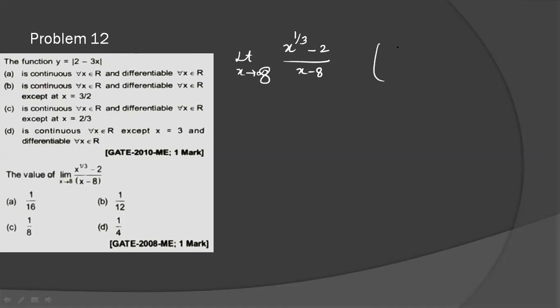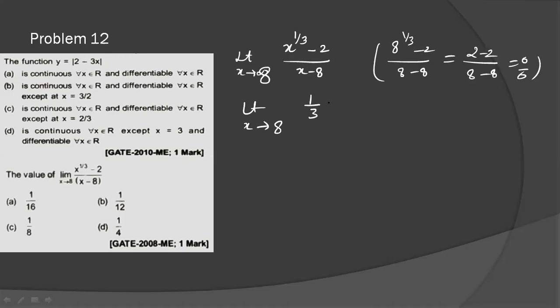If you apply the limit, 8 to the power 1 by 3 minus 2 upon 8 minus 8, 8 to the power 1 by 3 will give you 2, so 2 minus 2 upon 8 minus 8. It is a 0 by 0 case. It means you can apply L'Hospital rule.